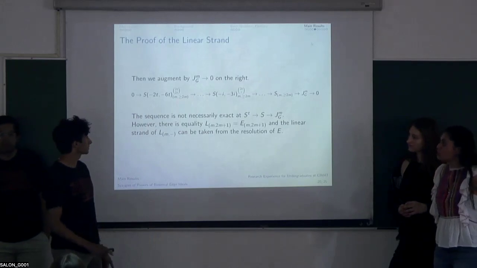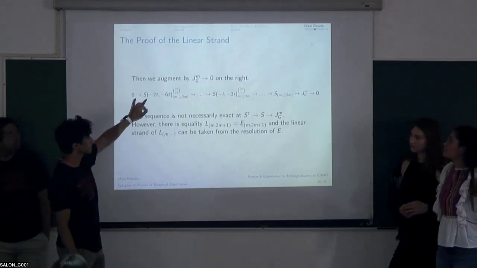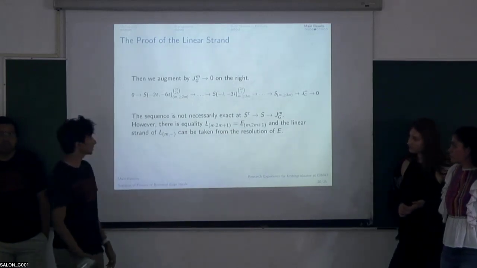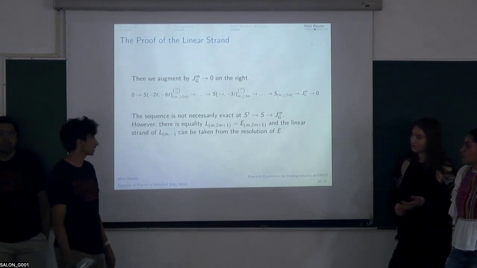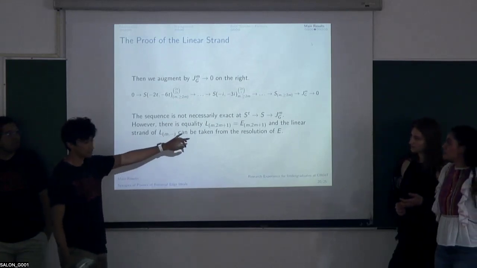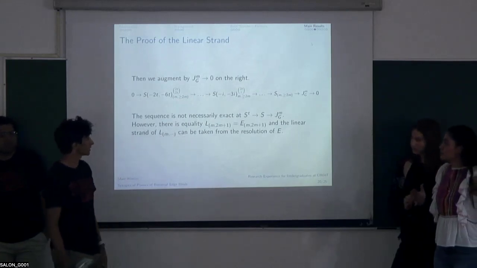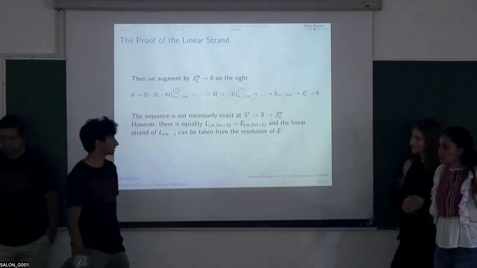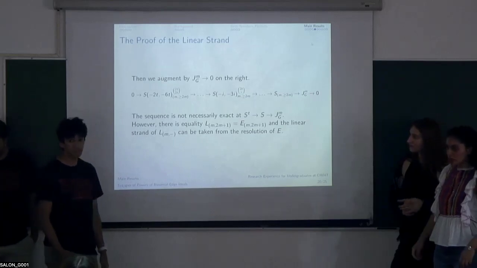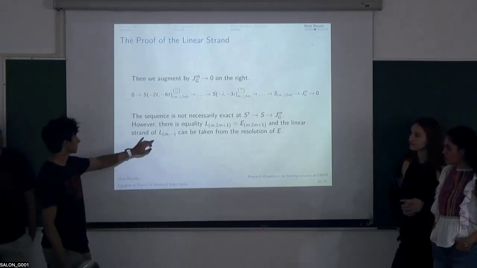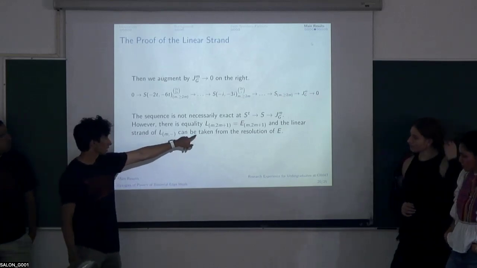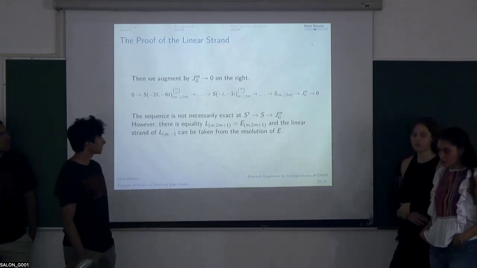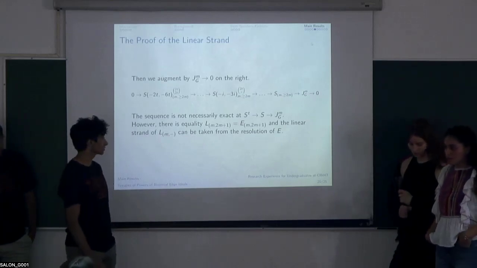But this complex is no longer exact, because over here the kernel is the appropriate homogeneous components of the presentation ideal, and the image is the same homogeneous components of the smaller ideal E. However, this doesn't really matter because we have equality of vector spaces of these two homogeneous components, LM 2m plus 1 and EM 2m plus 1.